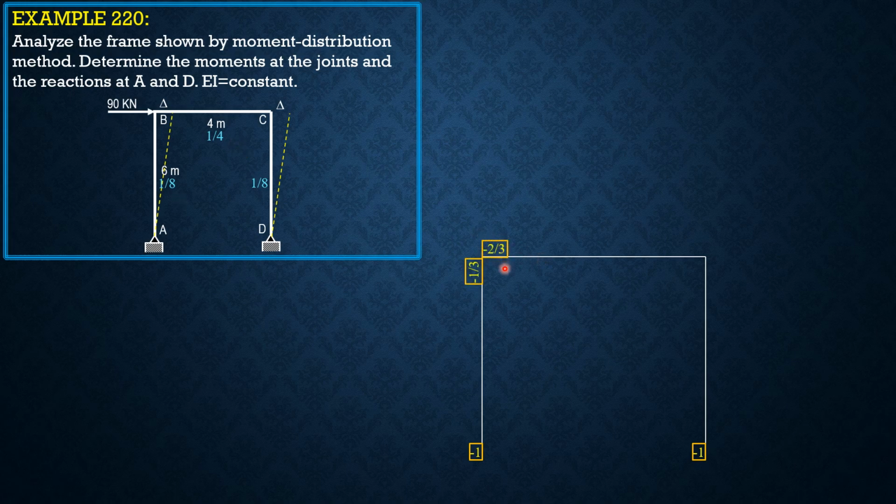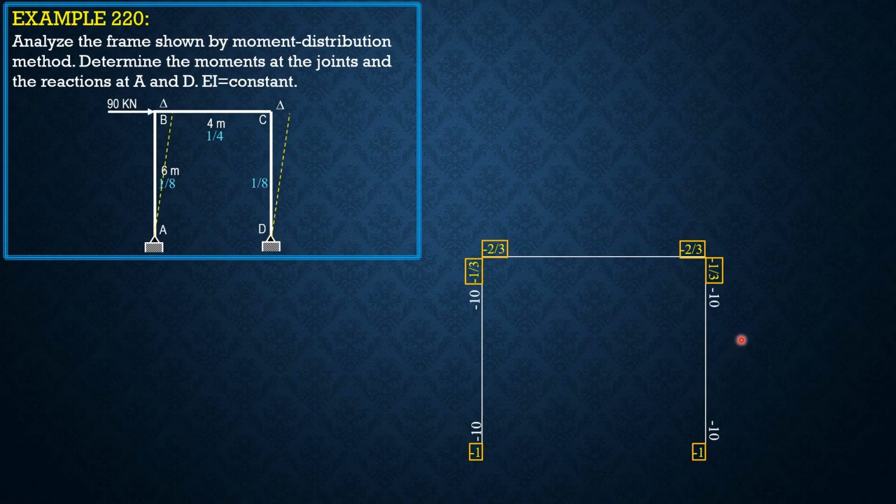So this is -2/3, -2/3, -1/3. Since the sideway displacement is the same for A, B, and CD, the formula is -6EI delta over L squared, but we will assume it is -10 for AB and CD.